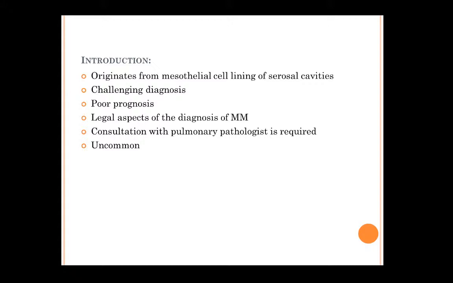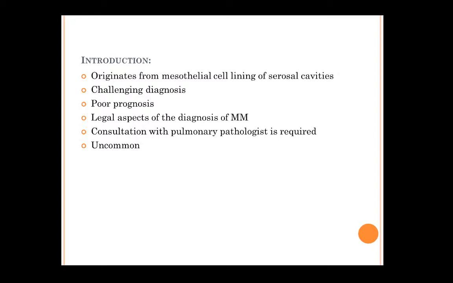Malignant mesothelioma is a rare aggressive neoplasm which originates from the mesothelial cell linings of the serosal cavity. Usually it's a very challenging diagnosis because some mesotheliomas can mimic benign reactive processes because they look very bland. On the other hand, some benign reactive processes can have marked cytologic atypia, so they can mimic malignancies.